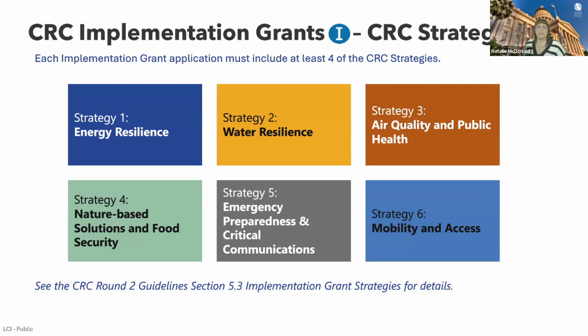Strategy 4, nature-based solutions and food security, such as community gardens. Strategy 5, emergency preparedness and critical communications, such as disaster preparedness trainings. Strategy 6, mobility and access, such as public transit extensions to the CRC facility. Please review Section 5.3 of the CRC Round 2 guidelines for additional examples and guidance.